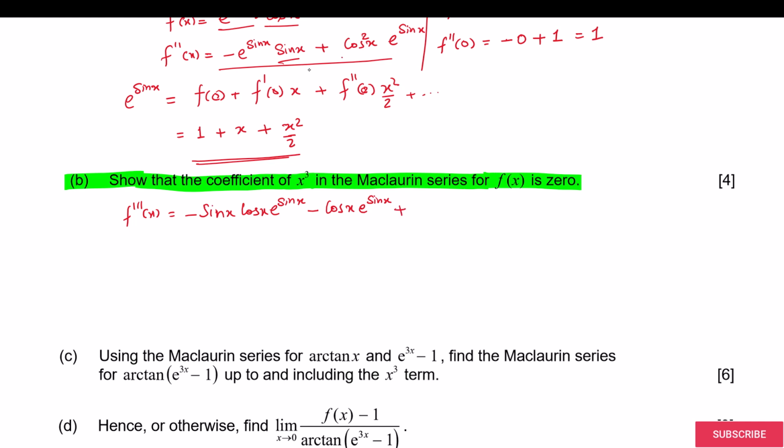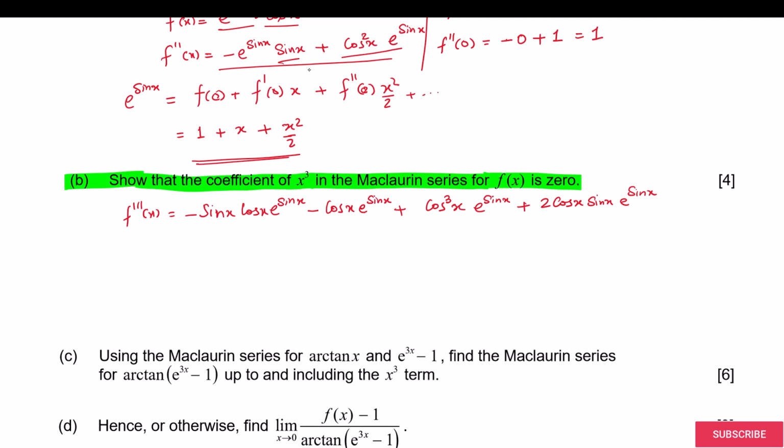Then the derivative of the second term, again two terms, so we'll use the product rule. It is going to be cosine squared x. I'm not going to write squared in the beginning because I know the derivative of e to the power sine x is going to be e to the power sine x into cosine x, so this makes it cubed, and plus now that we'll differentiate cosine squared x, which is going to be 2 times cosine x sine x, and then e to the power sine x.